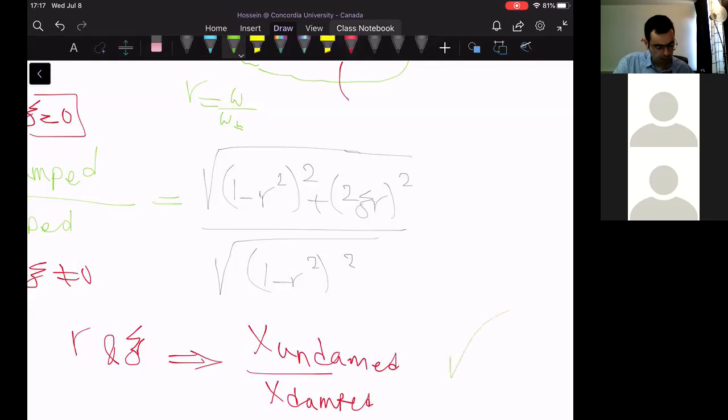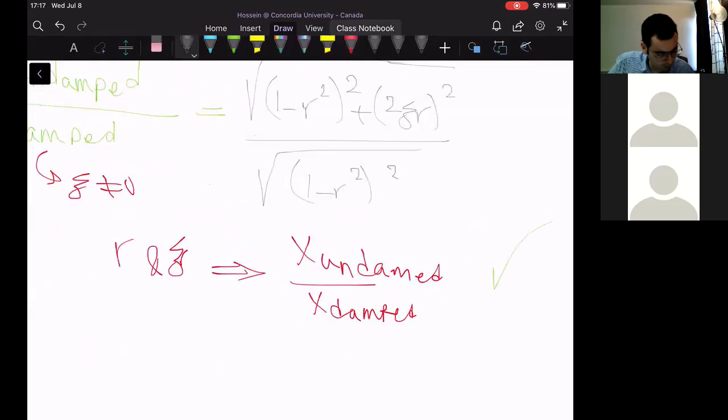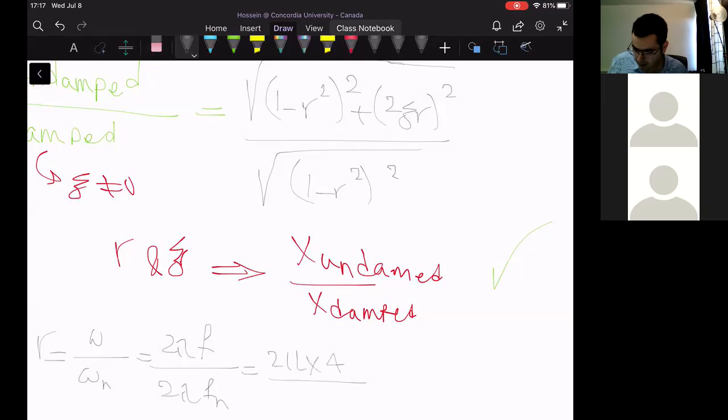So in order to calculate this ratio, all you have to do is calculate R and zeta. R is the frequency ratio, omega over omega n, which is equal to 2 pi f over omega n. F is given to us as 4 cycles per second, and the natural frequency is given to us from the previous question.